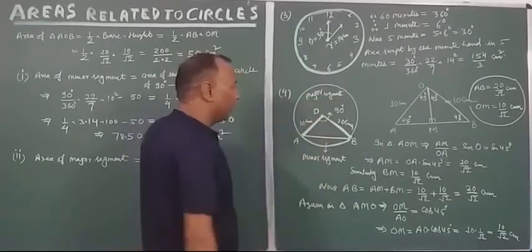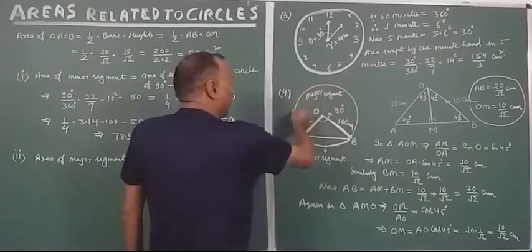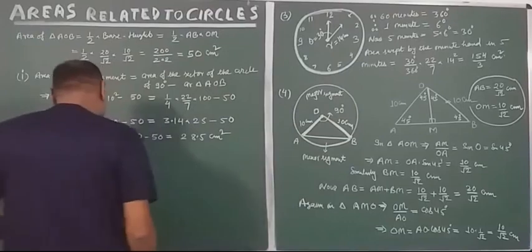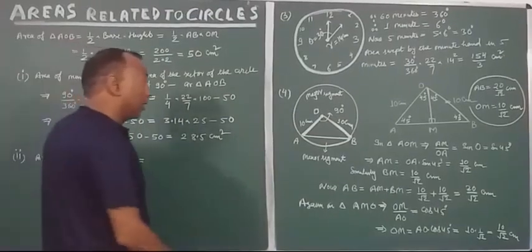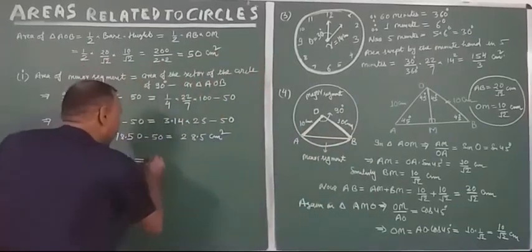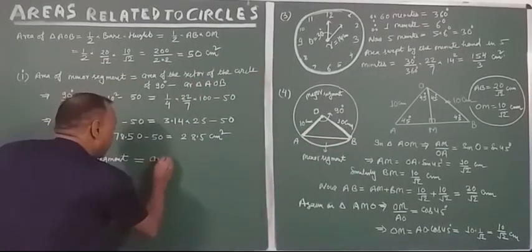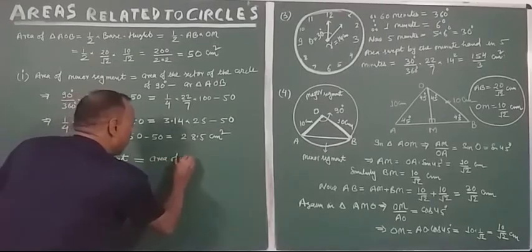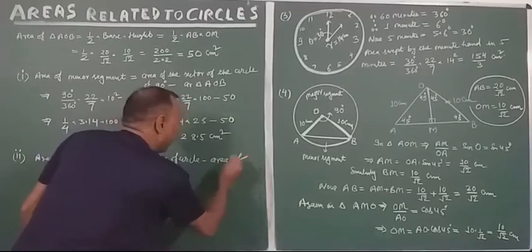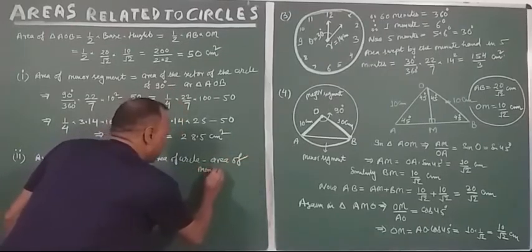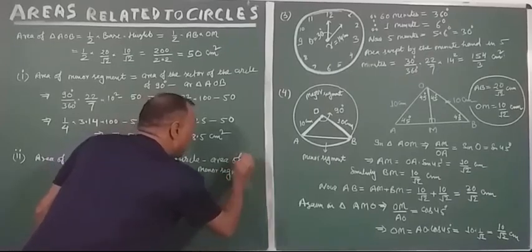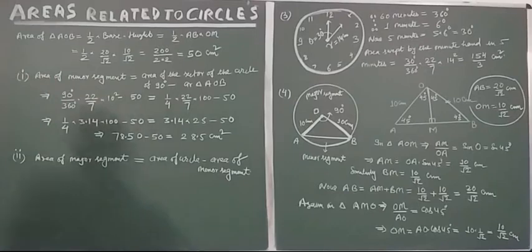So this can be calculated as the total area of circle minus area of minor segment. Area of circle is pi r square.